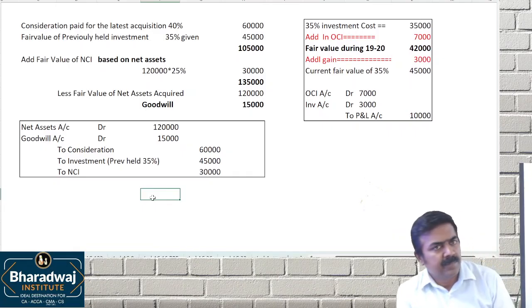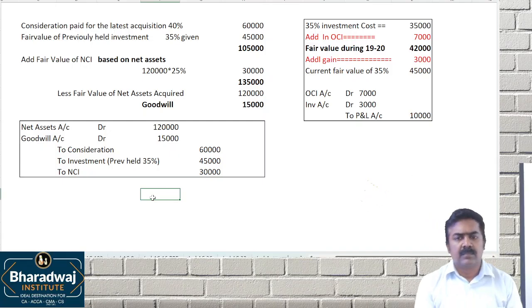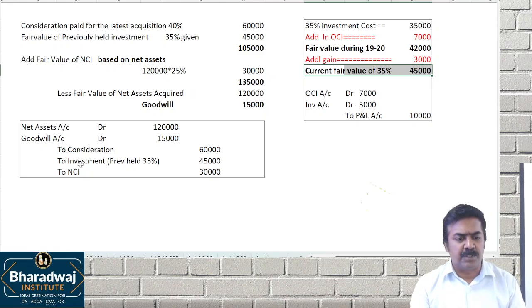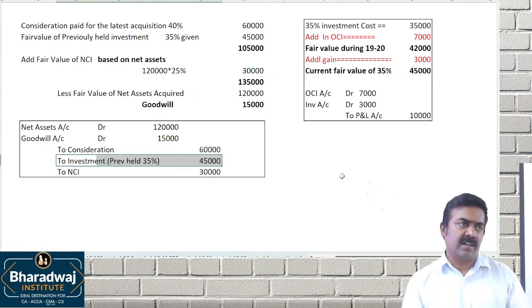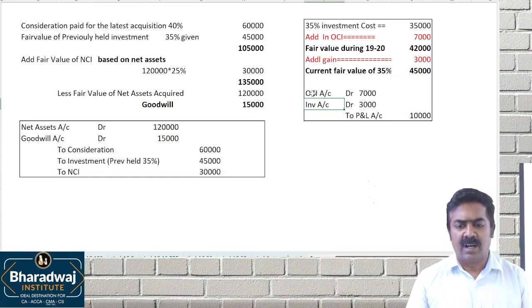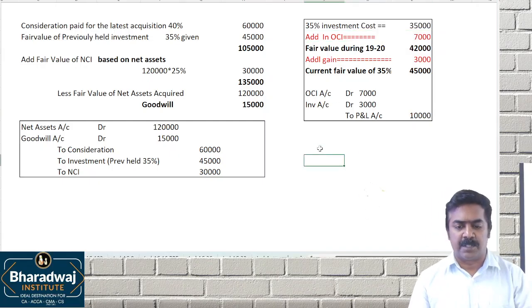Take it. Today, fair value. In step acquisition method, investment should be what? Fair value. Investment should be fair value. Already 35,000 plus 7,000. This was already recognized in OCI. Then they would have passed the entry.